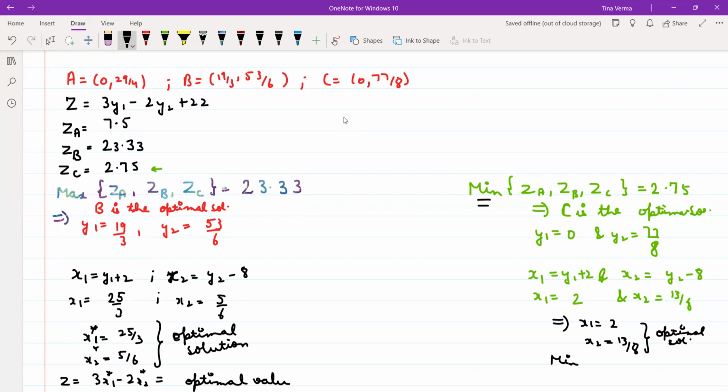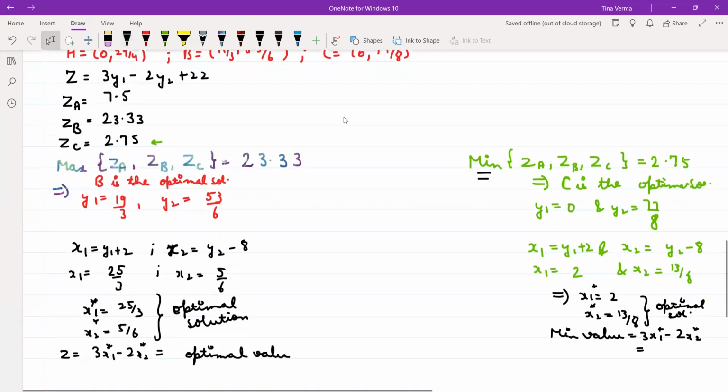And the minimum value will be 3x1 minus 2x2 at this star point. In this way, you have to proceed like this.